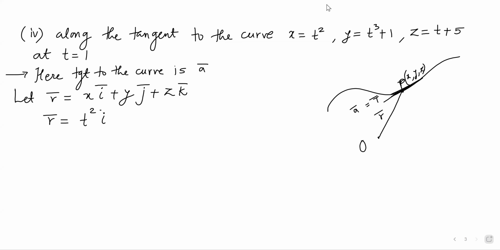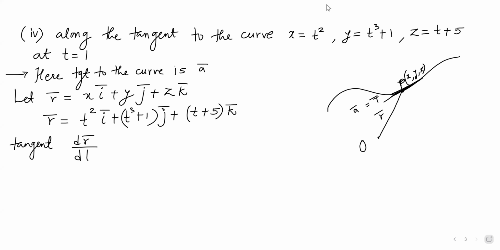So it is t square i bar plus t cube plus 1 times j bar plus t plus 5 times k bar. How do you calculate a tangent? The tangent is nothing but dr bar by dt. Differentiate this with respect to t. That is your tangent. So differentiating, it is 2t i bar plus 3t square j bar plus k bar.